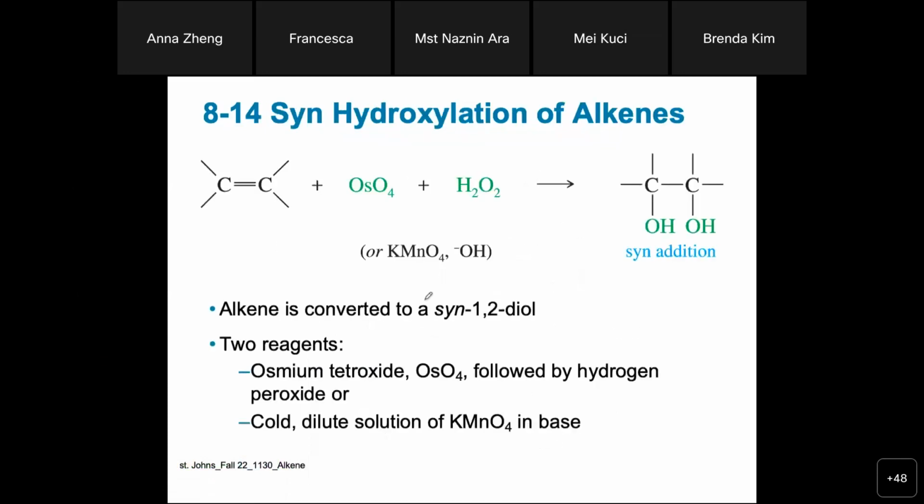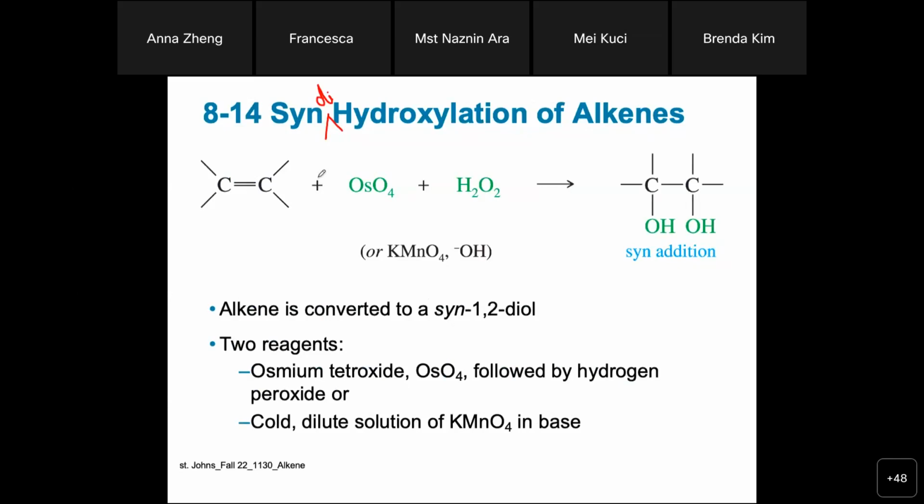Okay, now we are going to see the next reaction. Here you need to make a little correction. This is actually dihydroxylation. I checked the book and corrected it. This is actually the syn dihydroxylation of alkene.